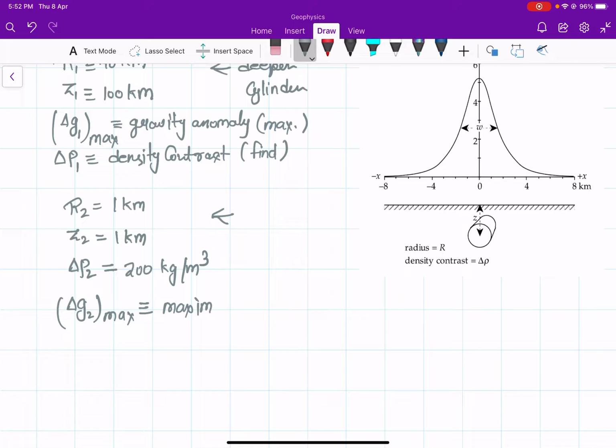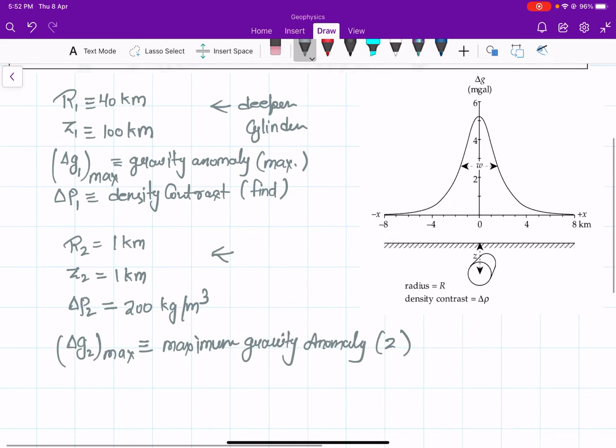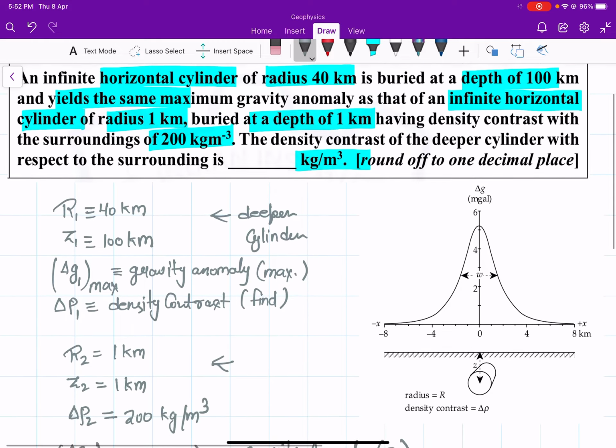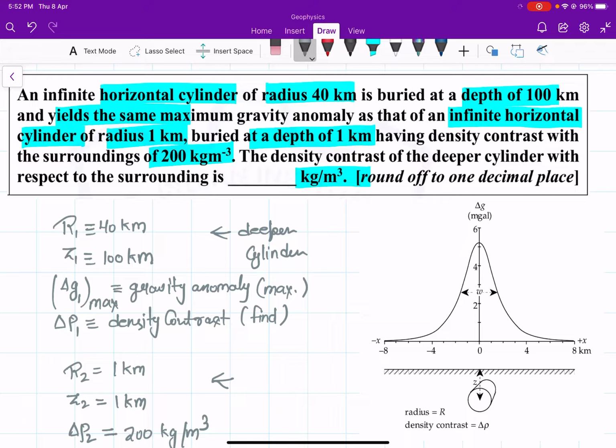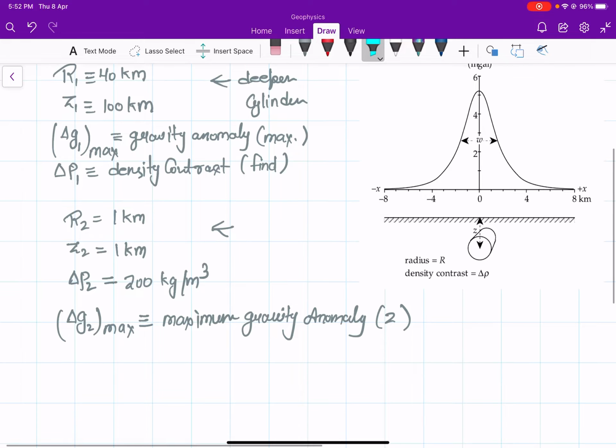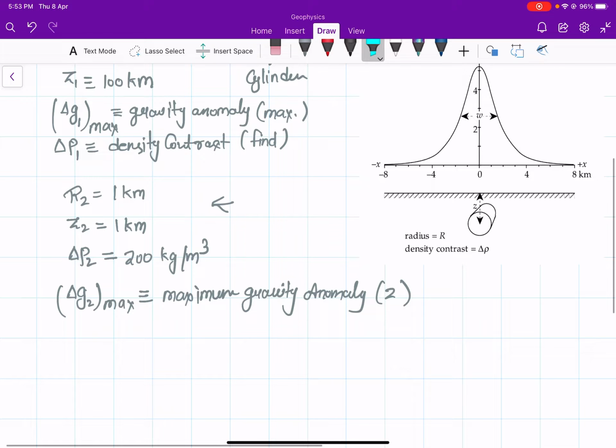It is also given that cylinder 1 gives the same maximum gravity anomaly as cylinder 2.